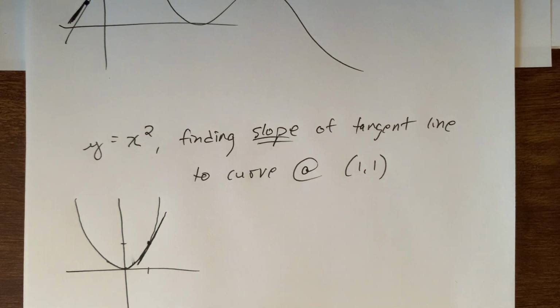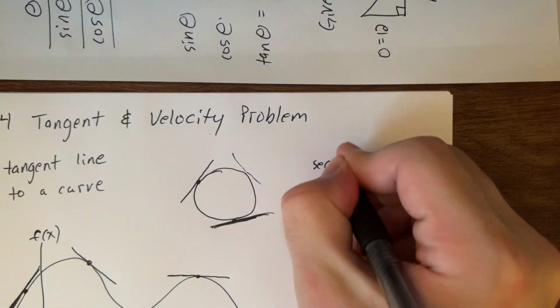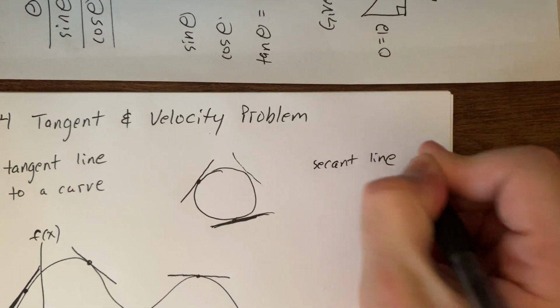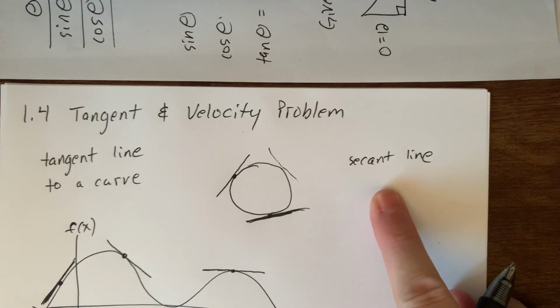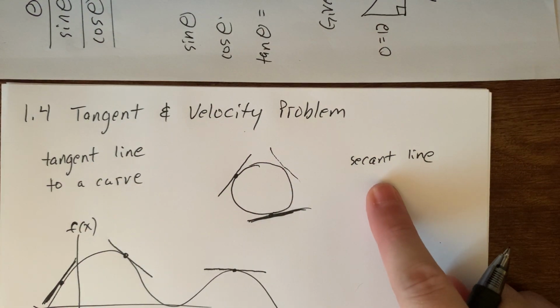Instead of focusing so much on the slope of this tangent line, let's have another quick diversion. Let's come back up to the top and talk about the idea of a secant line. Now, I know some people are already looking at the words tangent and secant. Those are trig functions.